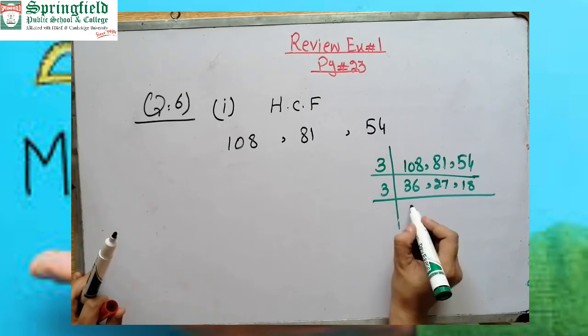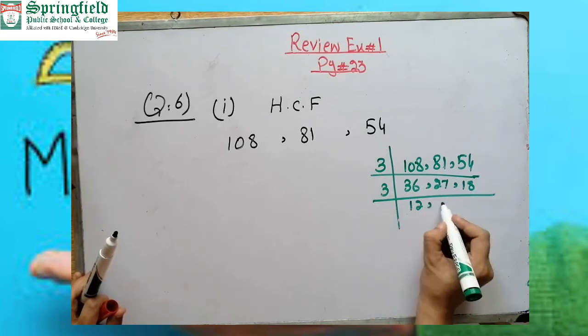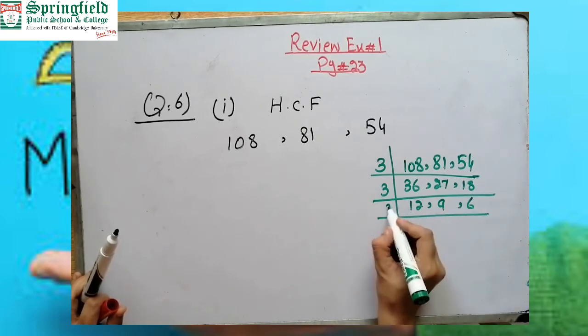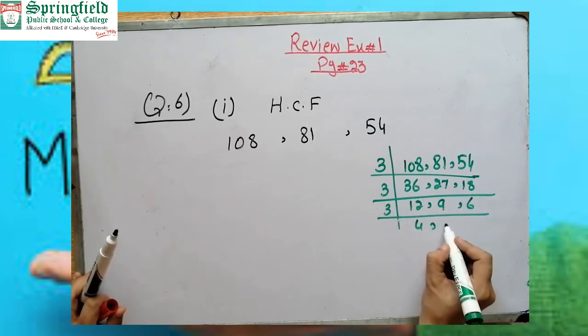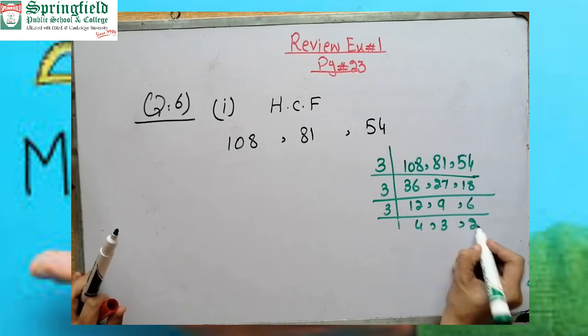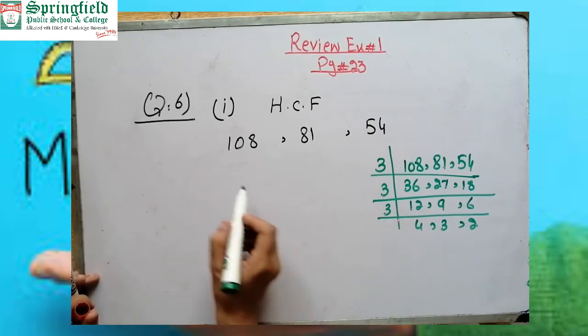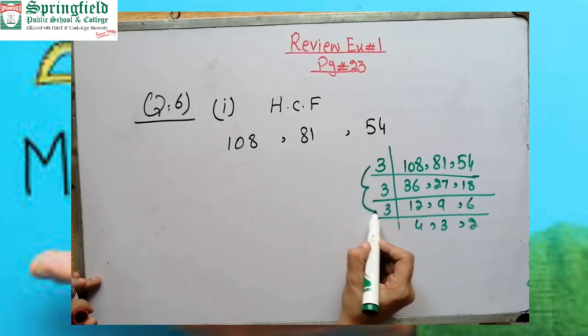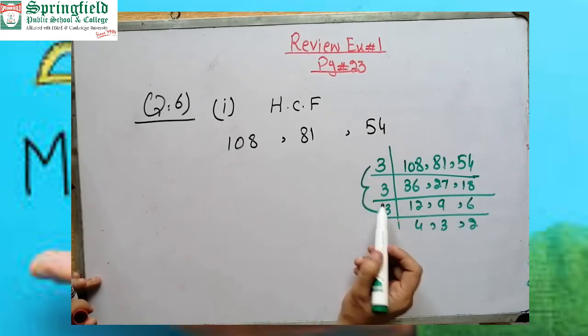Again we can use the table of 3: 3 ones are 3, 3 twos are 6, 3 nines are 27, 3 sixes are 18, 3 fours are 12, 3 threes are 9, 3 twos are 6. It means the multiplication of factors is called HCF.